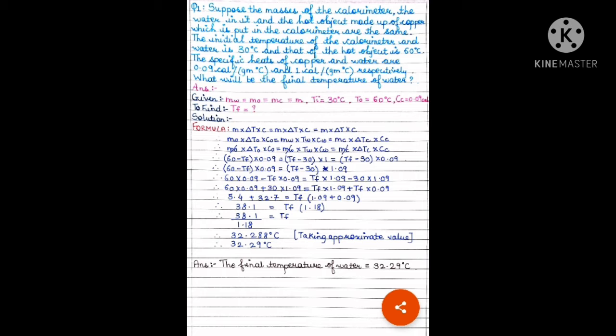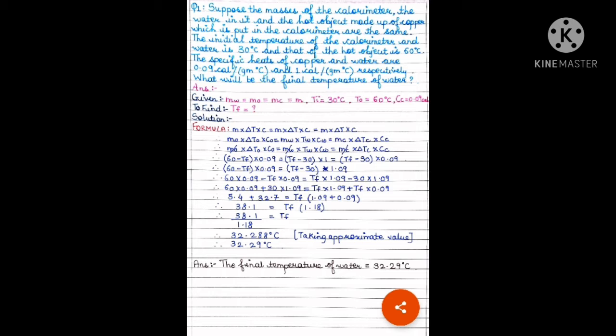Okay, students? We know M, that is mass, was the same for all three. So we can cancel out M because it is common on all the sides. So our next step is cancellation of M.